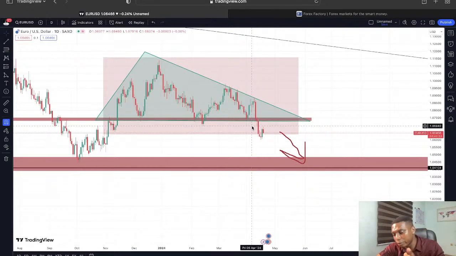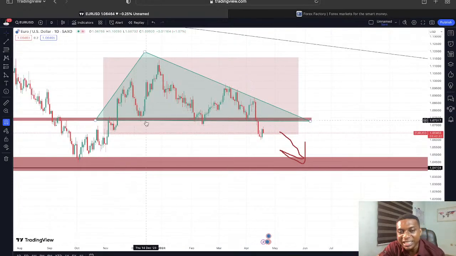Who can tell me in the comment section what will happen? If I pick up a hammer and I hit it on a wall, it will break down. Yes, it will break down.